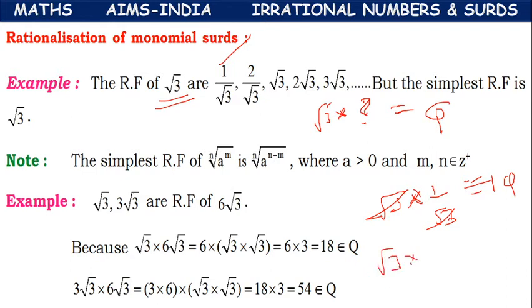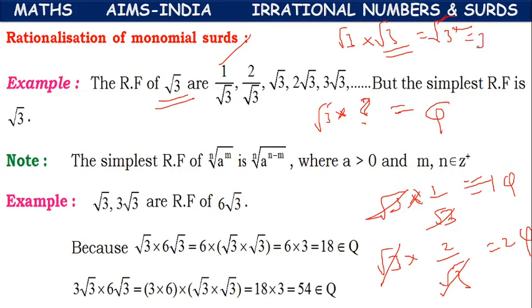Or we can take 2 by root 3, root 3 cancels, answer 2, a rational number. Or we can take just root 3. Root 3 into root 3 is root 3 square, the square root cancels, answer 3, a rational number.